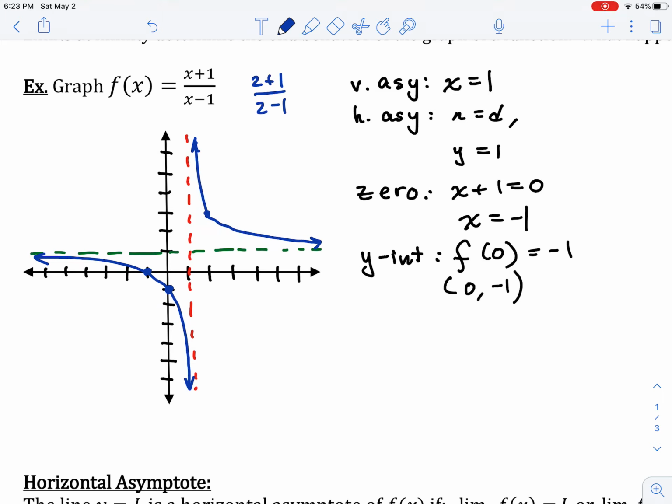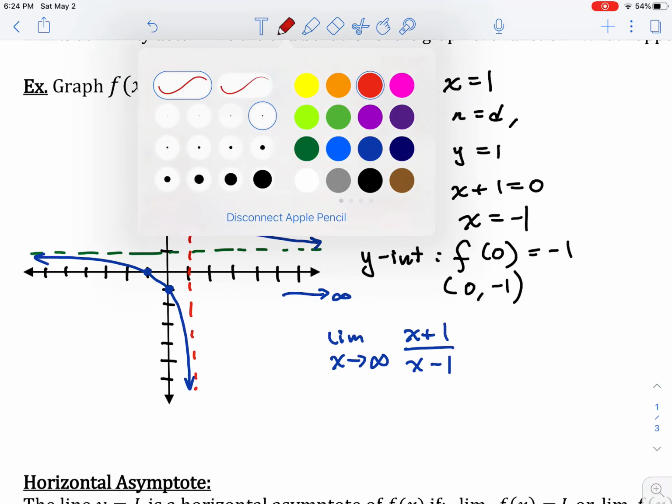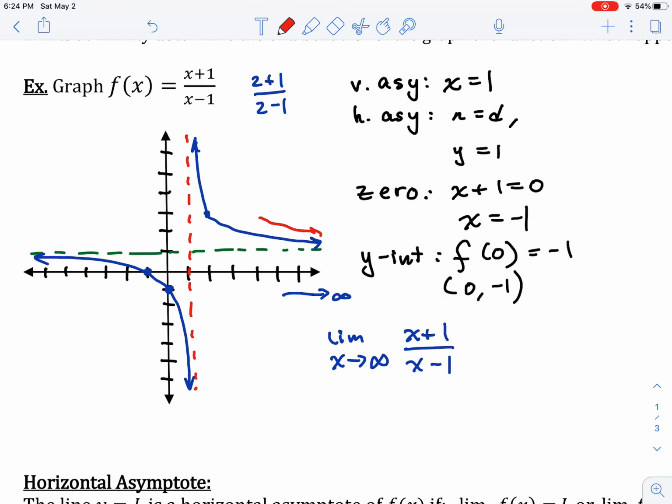So now that we have this graphed, we can use this graph to answer the following question. What is the limit of this function as x approaches infinity? In other words, as x gets really, really large, as x is going this way towards positive infinity, what is happening to our function? Our function looks like it's approaching what y value?